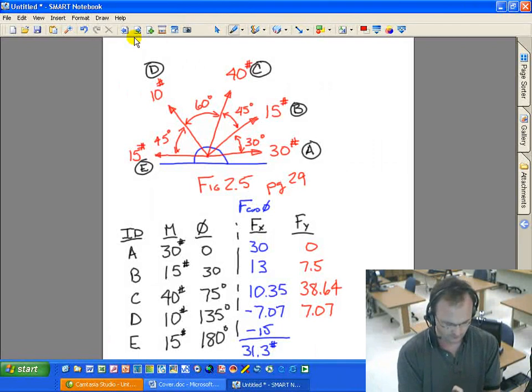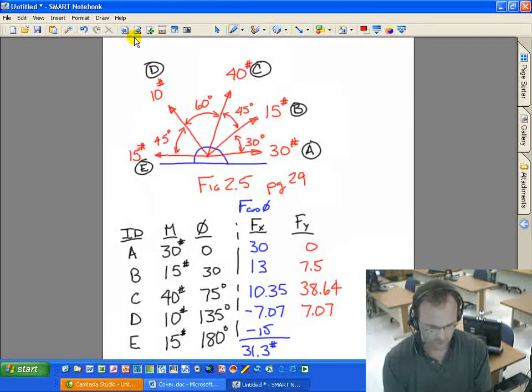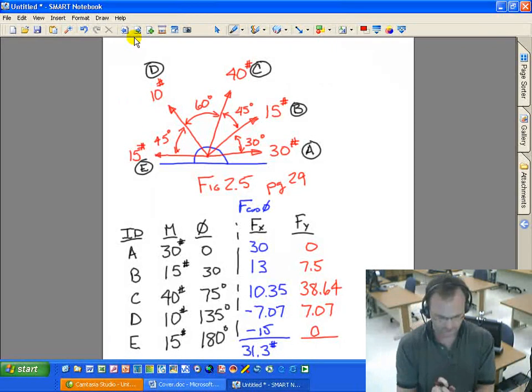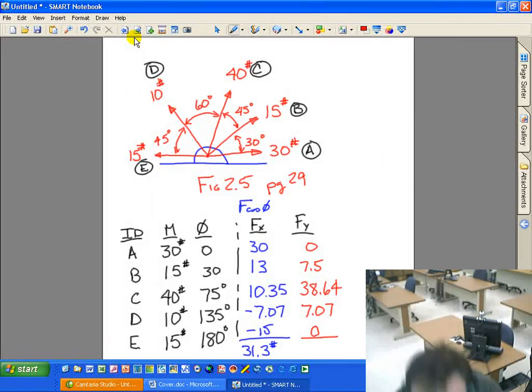And 15 times 180 sine equals 0. 7.5 plus 38.64 plus 7.07 gives me 53.2 pounds.